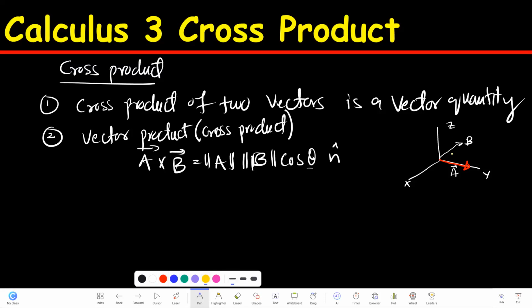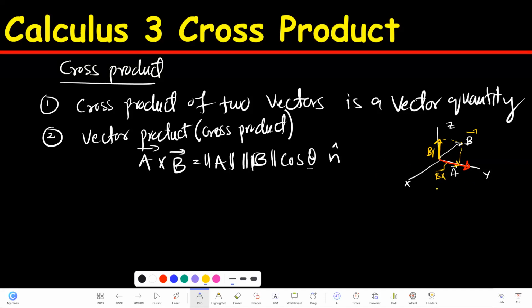Since vector B is not along, parallel, or perpendicular to vector A, I have to split vector B into two portions or two components. Number one is this, number two is this. I'm going to call this Bx, and I'm going to call the other one By.